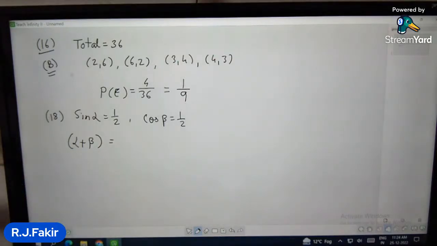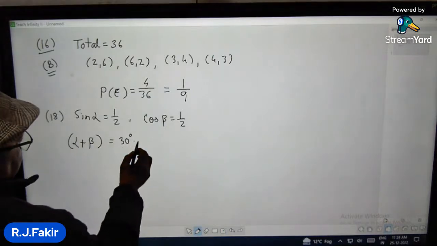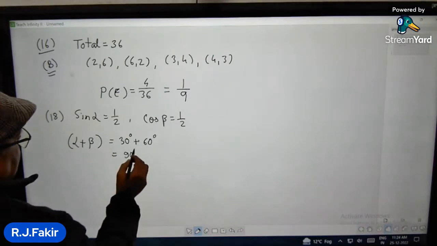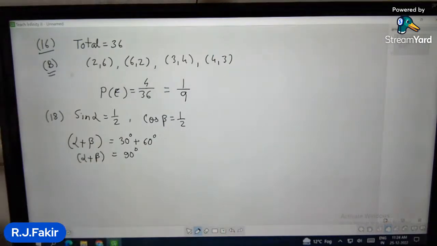If you refer to the table of values given in your book, sine alpha 1 by 2 corresponds to 30 degree and cos beta 1 by 2 corresponds to 60 degree. That means this will be 30 degree plus 60 degree. It gives me 90 degree, the correct option. So for 18, option D is correct.